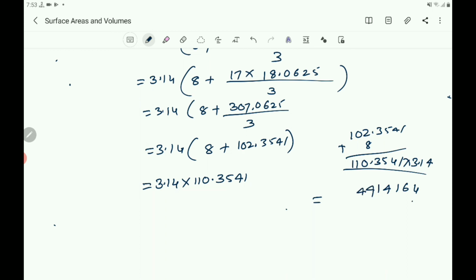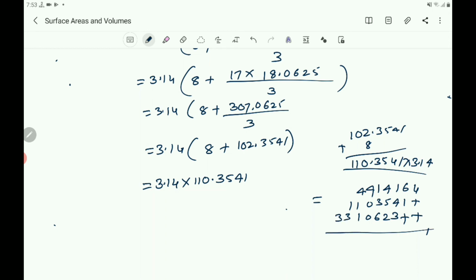Again you multiply it by 1, and you will get the same number. Then you multiply it by 3. 3 ones are 3, 3 fours are 12, carry 1, 3 5s are 15 plus 1 16, 3 threes are 9 plus 1 10, 3 zeros are 0, then 11 threes are 33.